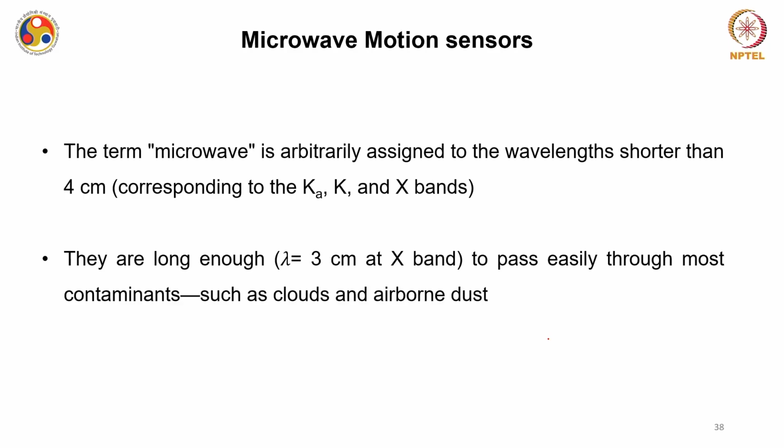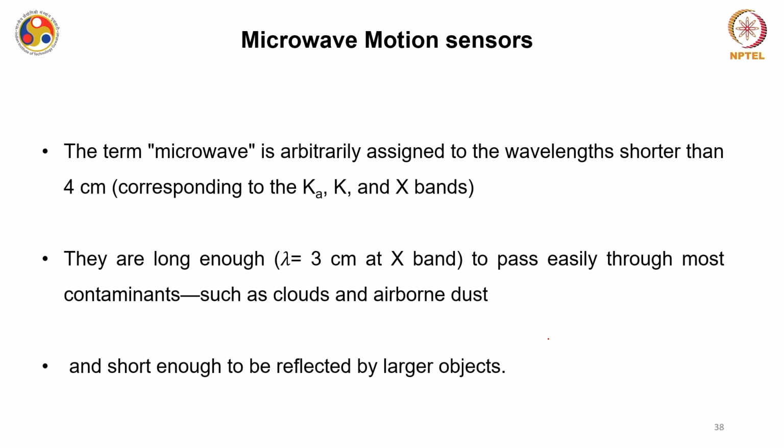Okay, they are basically long enough to pass easily through most contaminants like clouds, moisture, dust and all. That's why we have already seen that radars are based on these devices, forget about occupancy sensors. It is also short enough to be reflected by large objects.